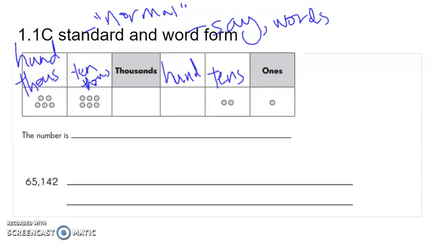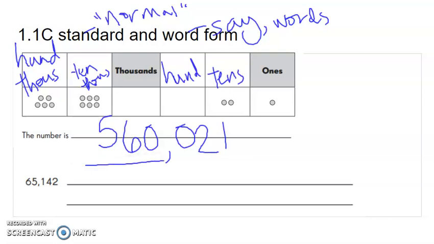So the number here, we have 6 10,000s. We have 0 thousands, 0 hundreds, 2 tens, and 1 one. So that is standard form, right? Just as a number. So if I were going to write that in word form, I would first want to think about, how do I say that? Well, I have 560,021.